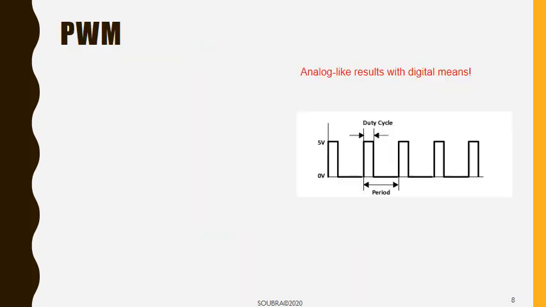Alright, let's get into more details. We're going to try and get analog-like results using a digital computer, so a bunch of ones and zeros. If you remember, on the different ports we can put ones and zeros. A logical one is usually 5 volts, especially with Arduino boards or Arduino-like boards, and a logical 0 is usually 0 volts.